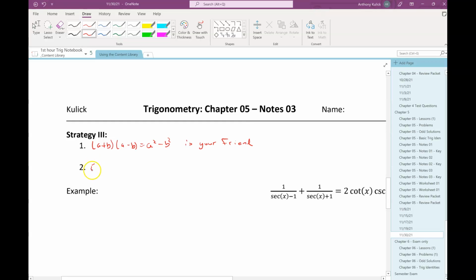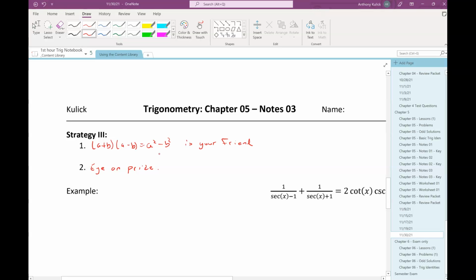And then my other strategy is to always keep in mind where you're trying to get to. Keep in mind what the other half is, what you're trying to get your one side to become.